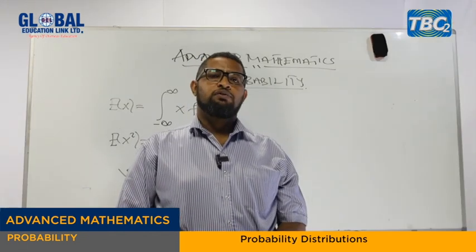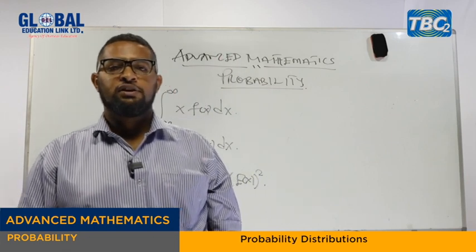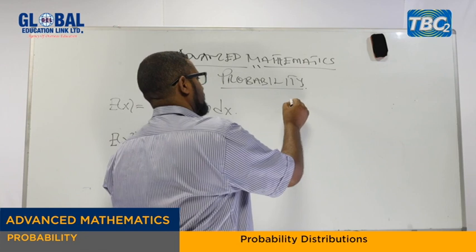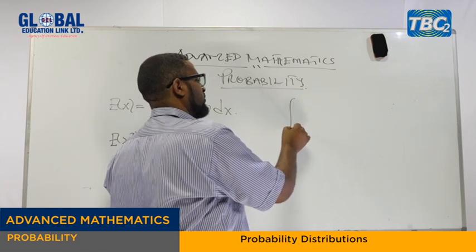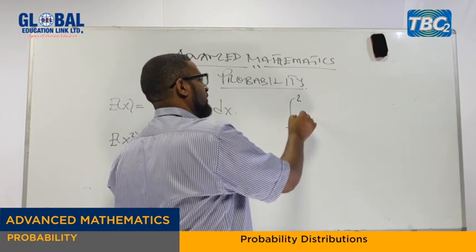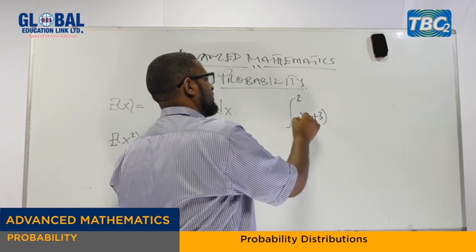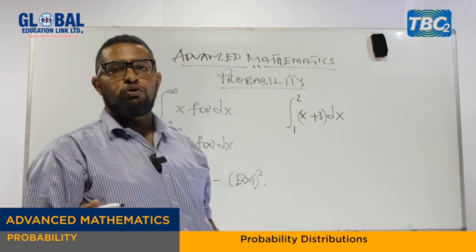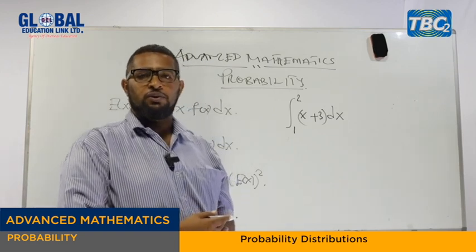Now let's remind ourselves on how to integrate a given definite integral. Taking an example, we have an integral from 1 to 2 of x plus 3 dx. Hope you remember how to integrate such kind of integral.